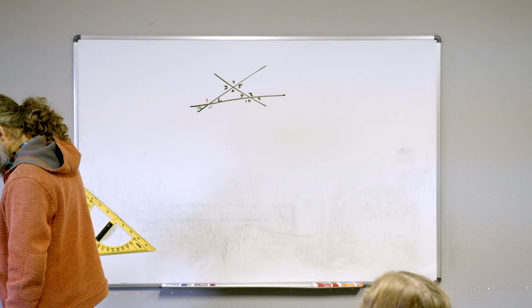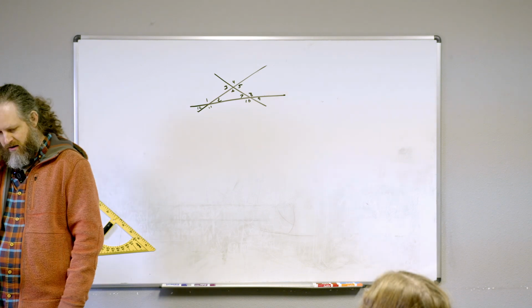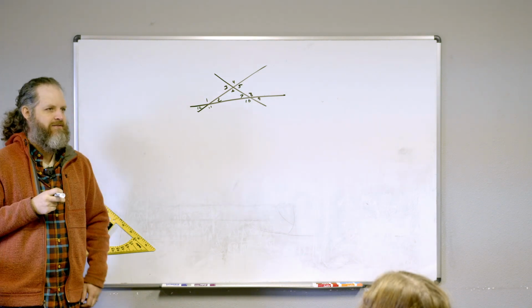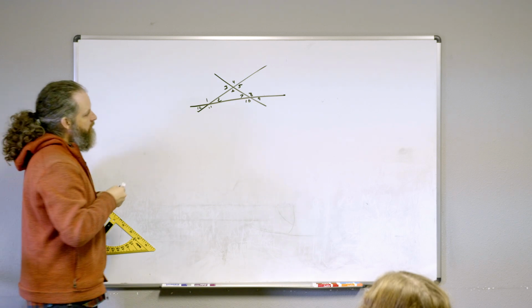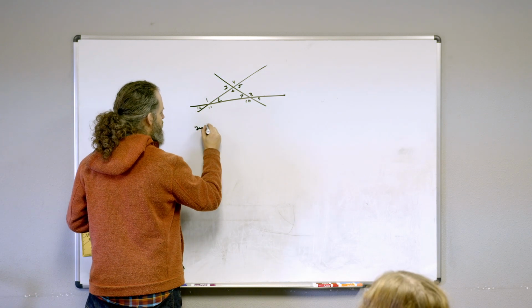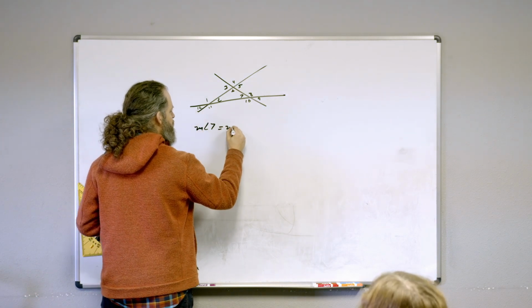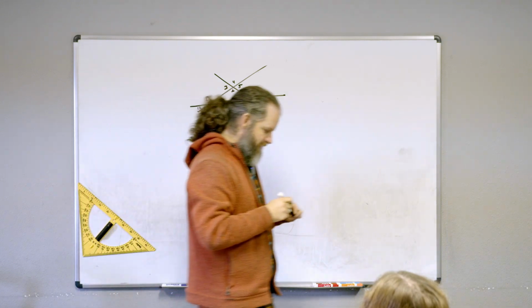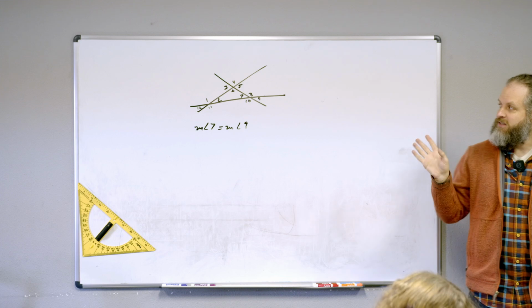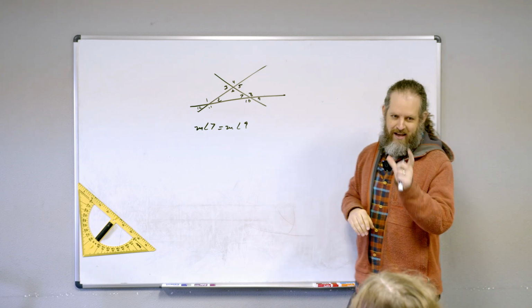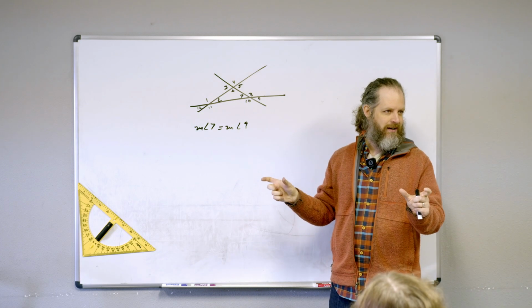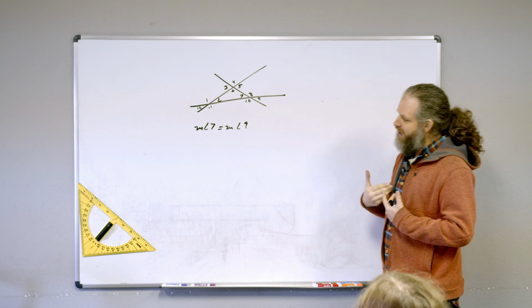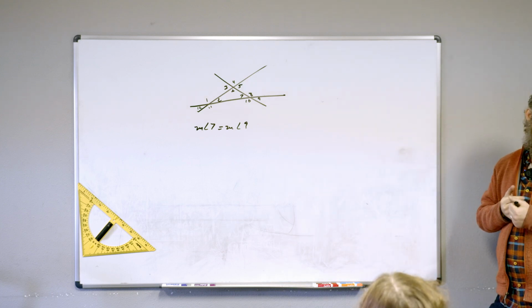How are vertical angles related? They're congruent. So the measure of angle 7 equals the measure of angle 9, right? So if we were trying to do some math with those angles, you would set this one equal to that one. How are linear pairs related?